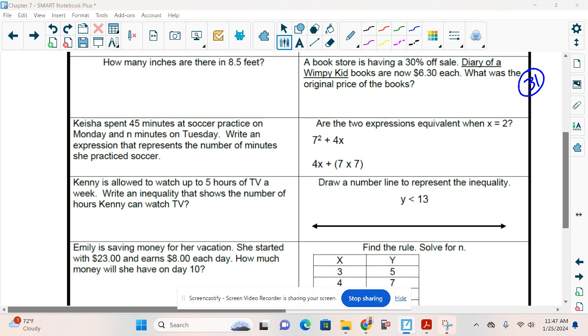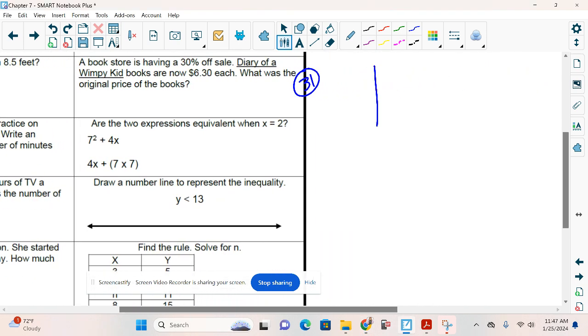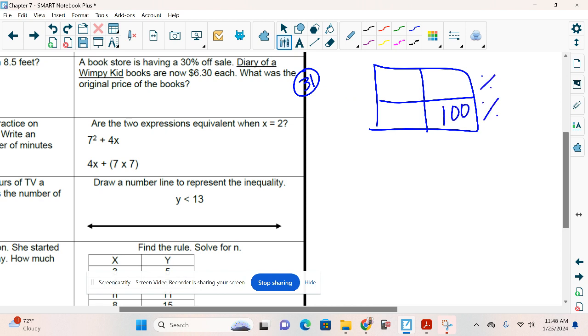I'm going to do it over here to the side so we can see it a little bit better. Okay, percent, 100, and then we have part to whole. If it was 30% off, that means we're working with 70% of the original price.